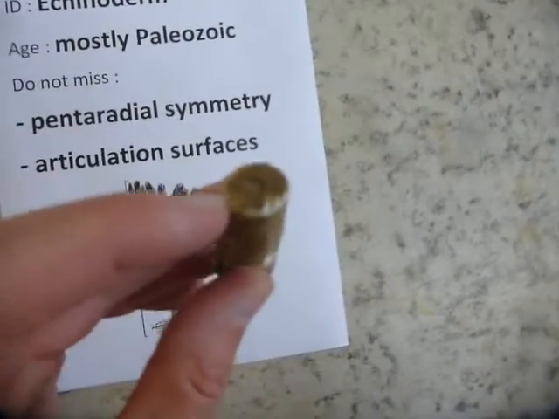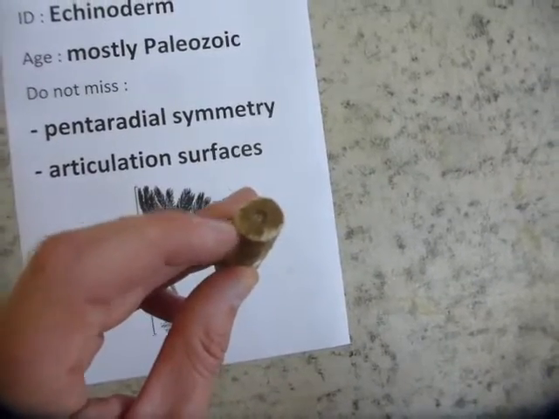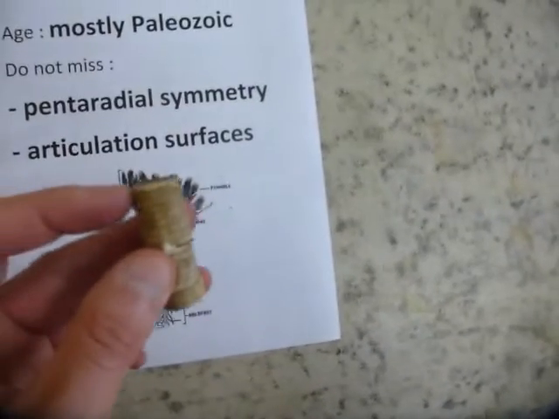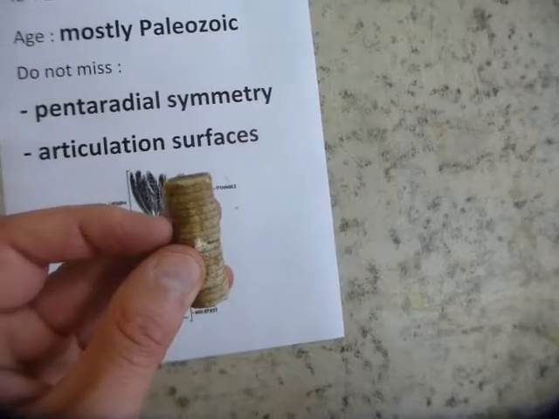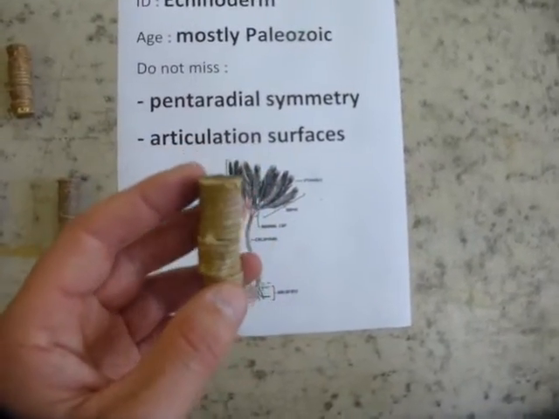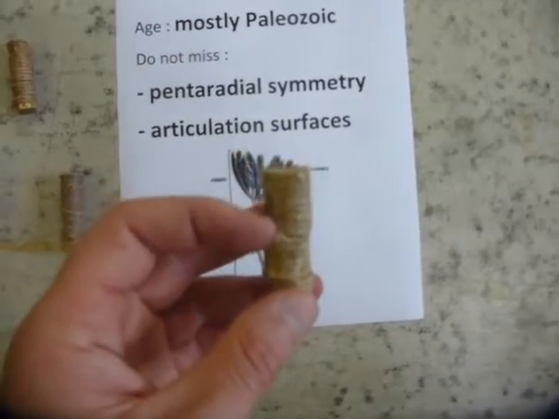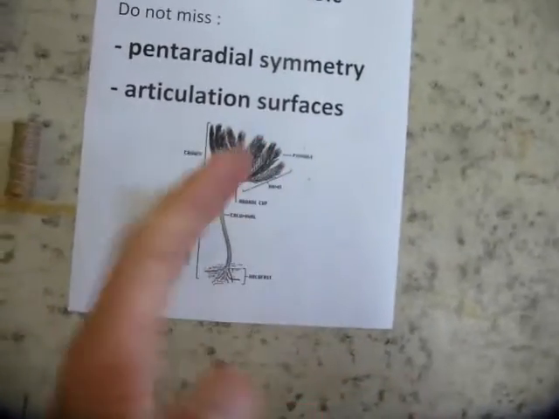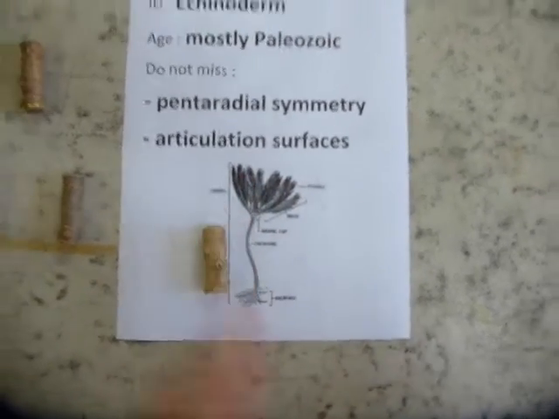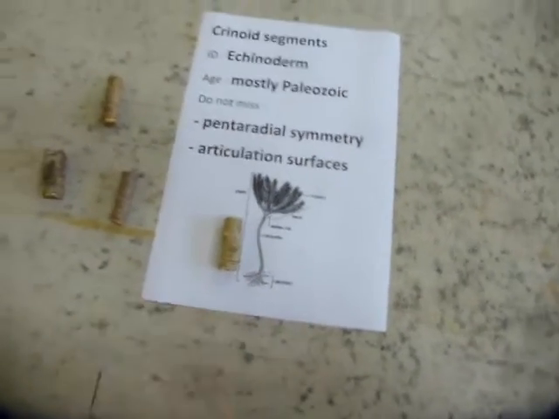And you can see the articulations, the ribs here. Because you can see the ribs, it means that each little segment was articulated to each other, unlike the pieces of a shell which are solidly attached to each other. So that thing was flexible. And that's the main difference with an orthocone, the flexibility of that stalk.